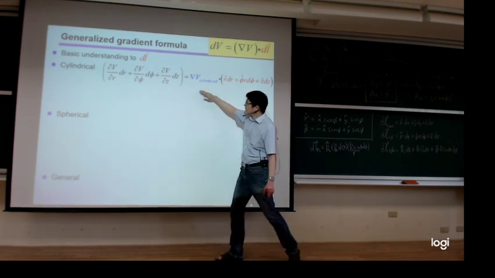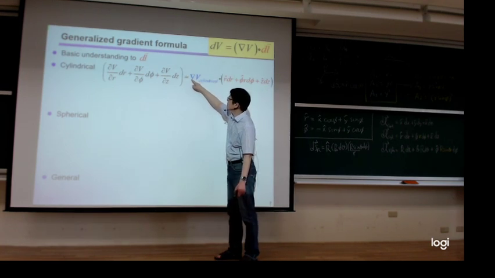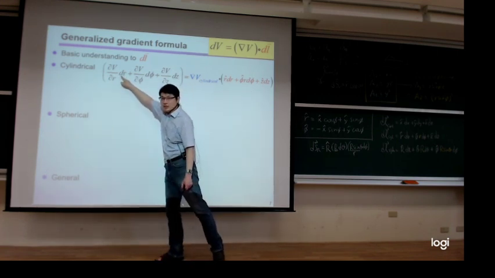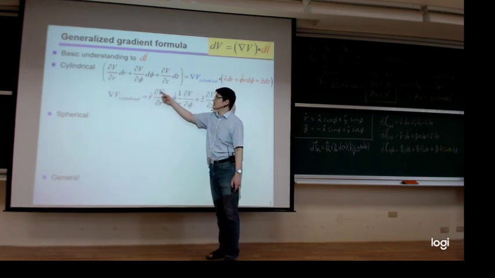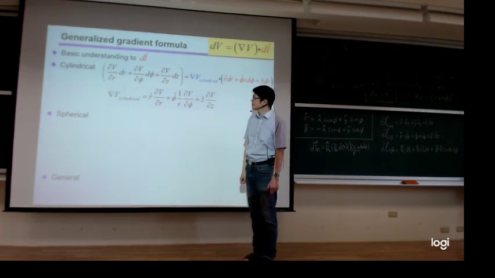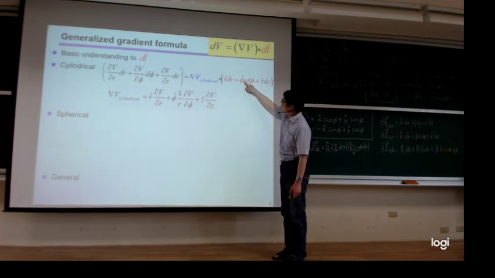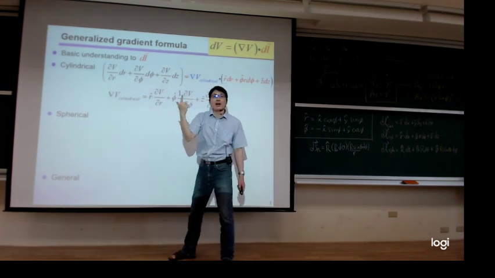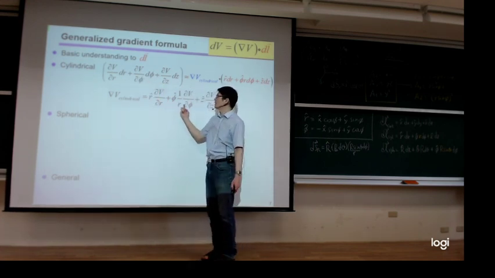So now by direct comparison, the r component of the gradient of v in cylindrical coordinate will give you this one. So it must be, in the r direction, simply del v del r. But it's weird. The second term, you have r times d phi multiplied by something, and the r is gone, right? There's no r in the result, so you have to divide by r.